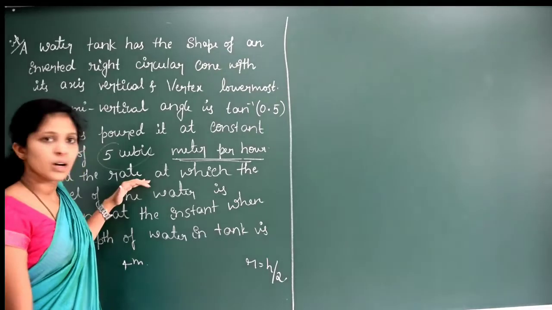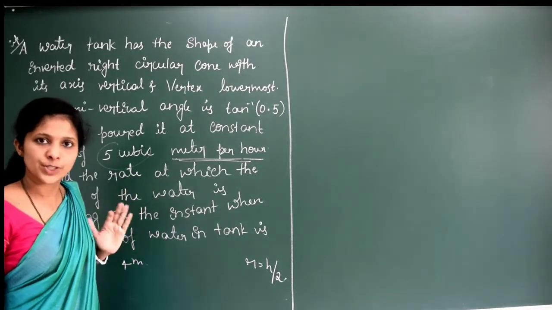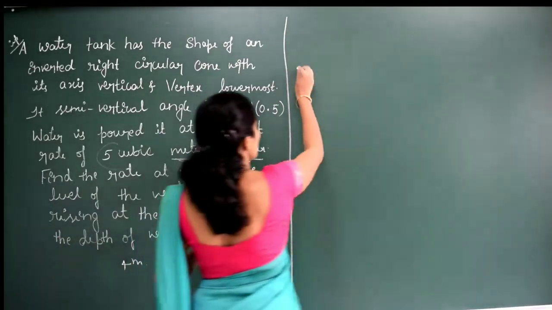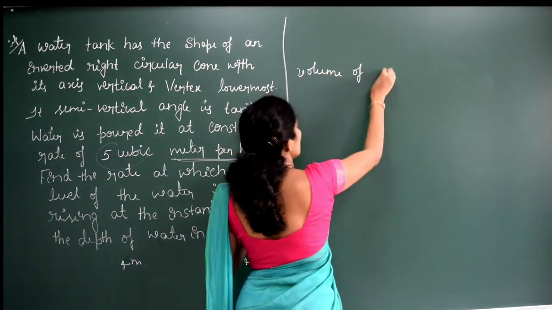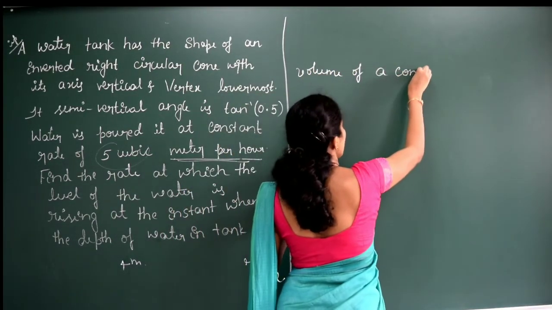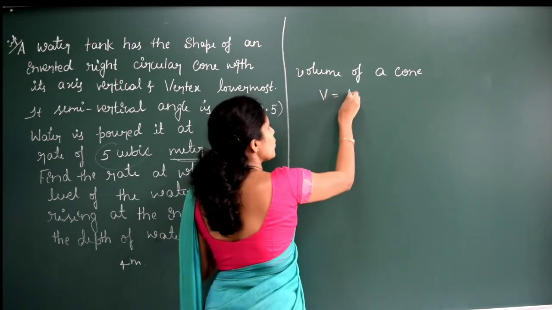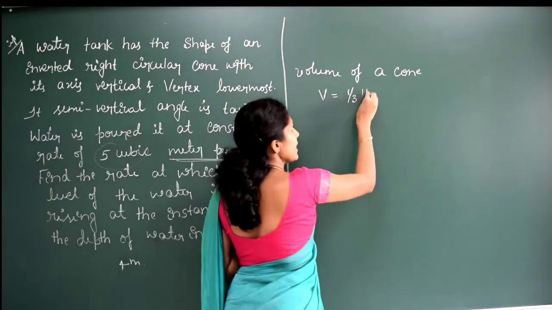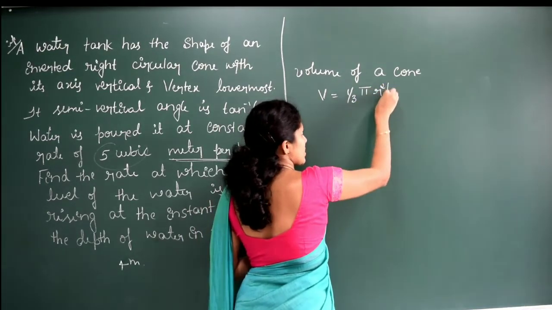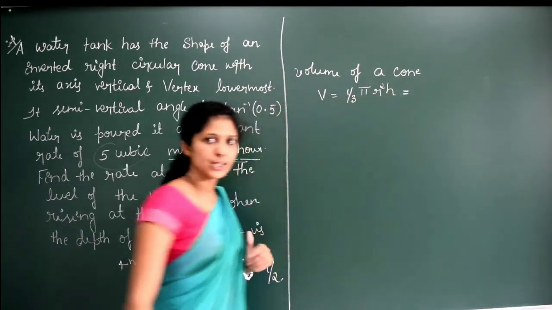See this one. The rate of change of volume with respect to time is given, right? So we will consider the volume of a cone, given by V is equal to 1 by 3 pi r square h. I hope you remember this. As I told you, we will convert r into h form.